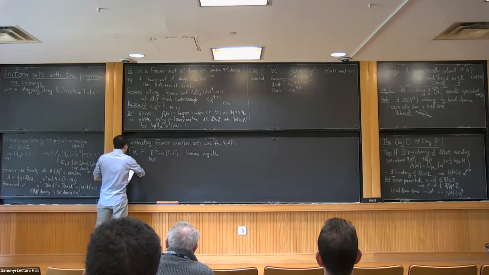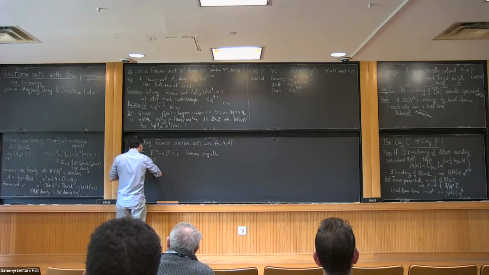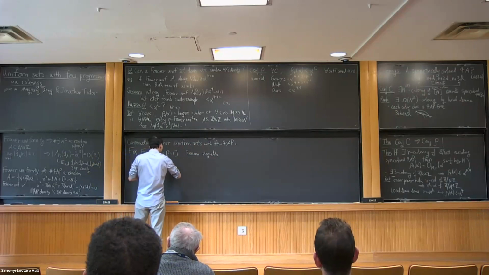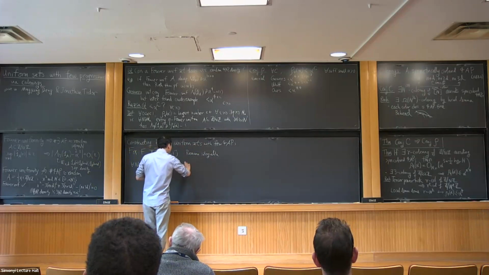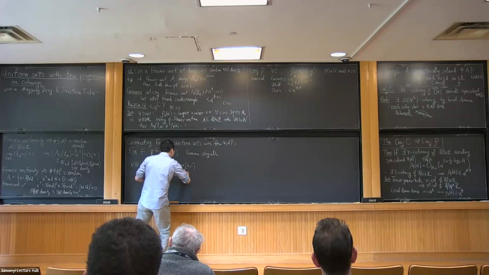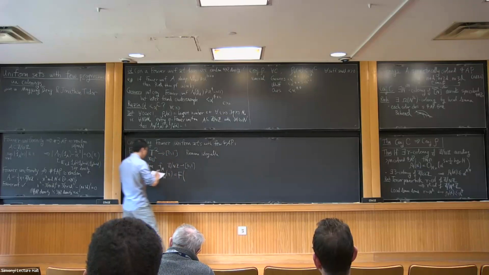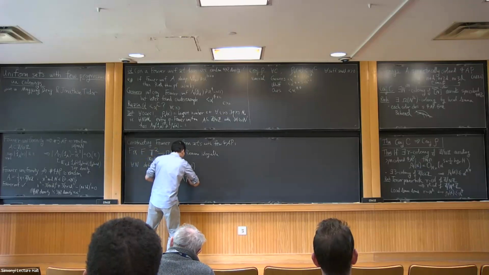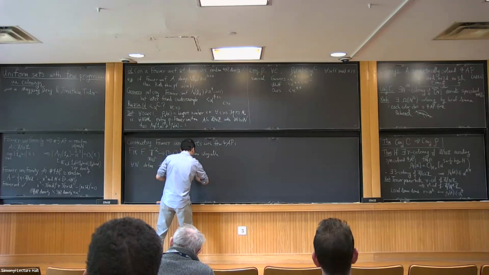And for every n, we define a function f sub n on Z mod nZ by setting the value at little n to be evaluating big F at (n over big N, n squared over big N).